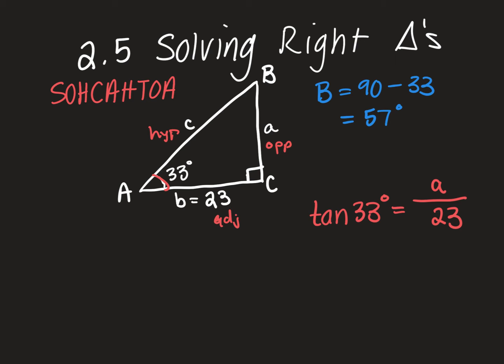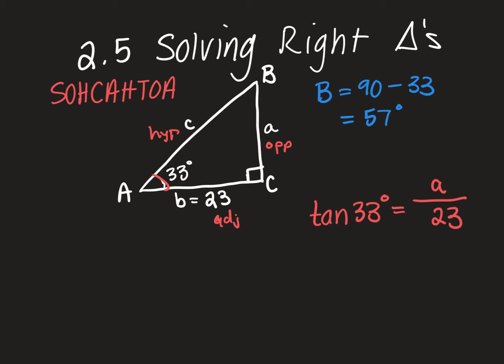You have to look at what angle you're starting with, and pick the trig function that will give you just one variable left. That's where you have to really know and understand SOHCAHTOA. If you have opposite and adjacent, you're automatically going to go tangent.